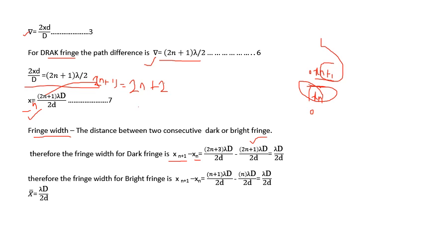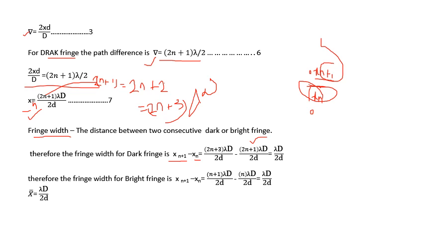So what will we get? We will get (2n plus 3) lambda by 2. So at the position x n plus 1, we will get (2n plus 3) lambda D by 2d.